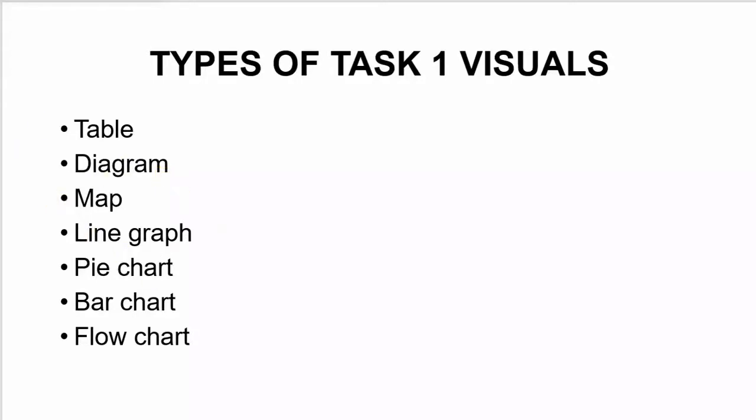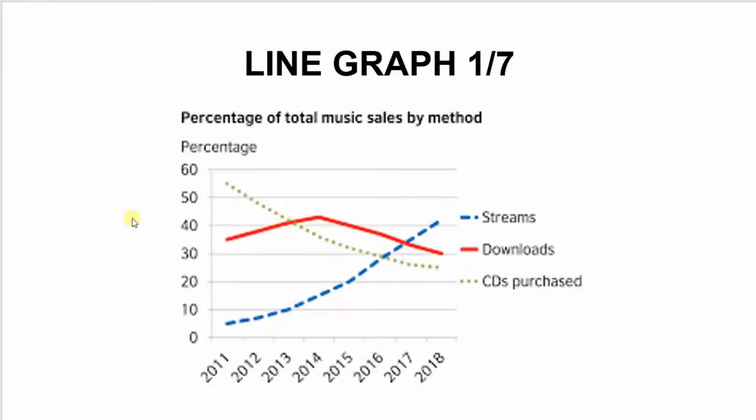So this is how a line graph looks like. It normally depicts a trend over a period of time. We have two axes over here. We can see we have the y-axis or the vertical axis, and we have the horizontal axis or the x-axis. Then we have a title which describes what the visual is about.